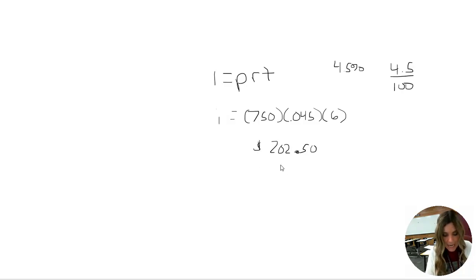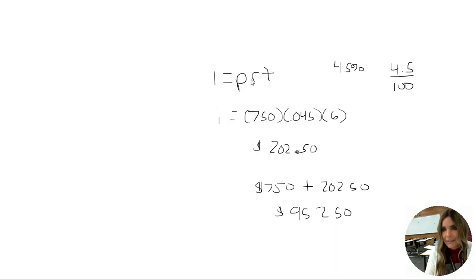So if he started out with $750 and that interest was paying 4.5% and he left it in for 6 years, his account balance would now be $952.50. Okay, last question. It says Rooms For You offers buyers a loan with 1.8% simple interest for 5 years.